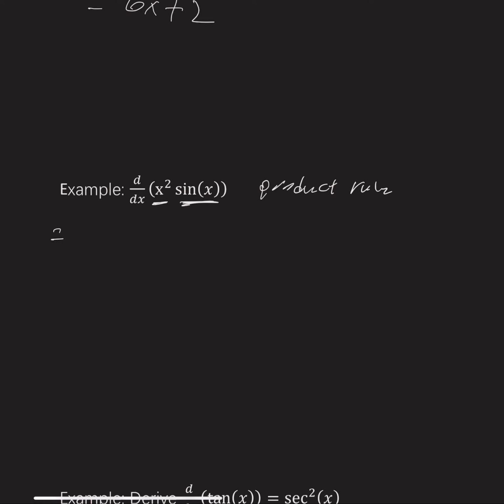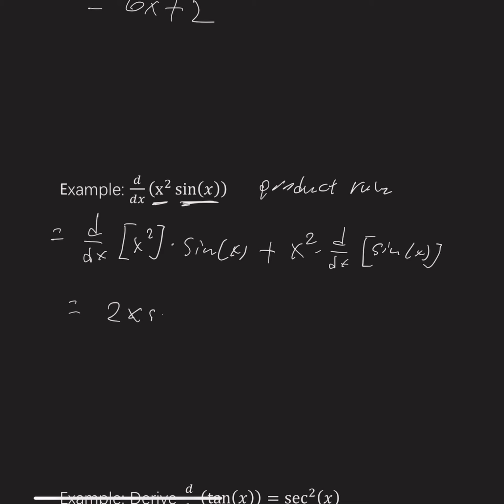We can do the derivative of x squared times sine of x, plus x squared times the derivative of sine of x. What is this equal to? 2x sine of x plus x squared times the derivative of sine of x, which is equal to cosine of x. And that is our answer for this derivative.